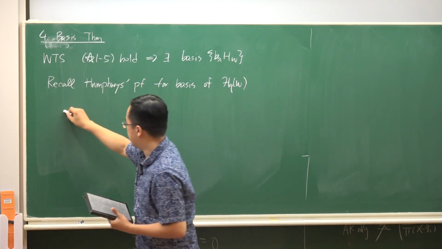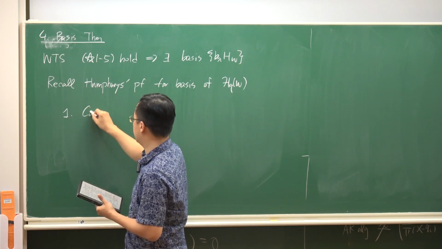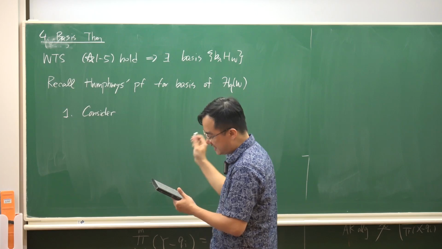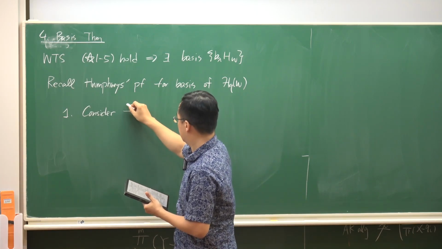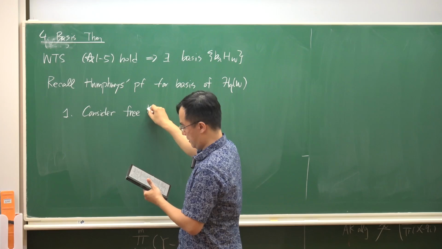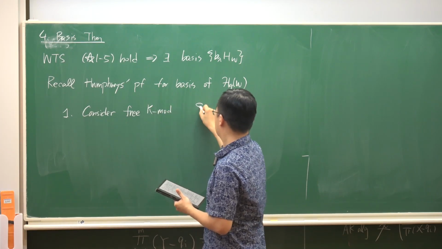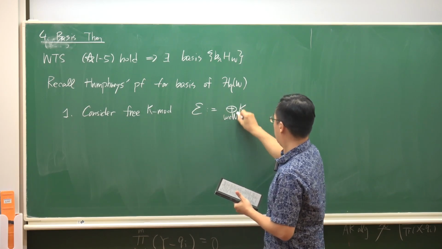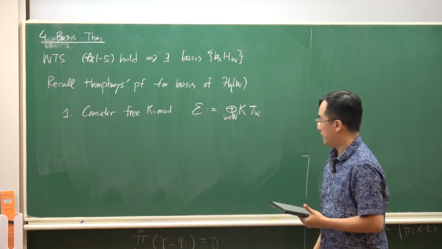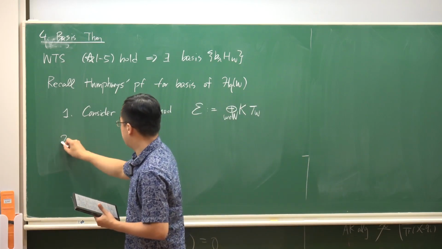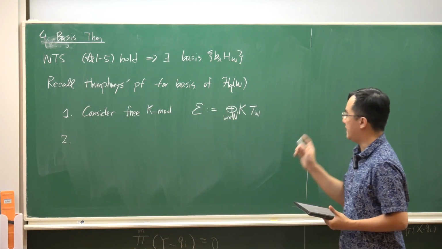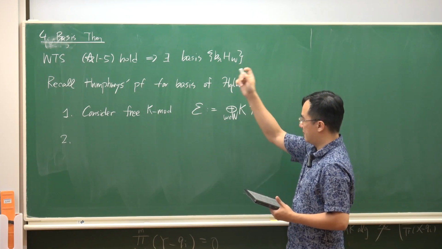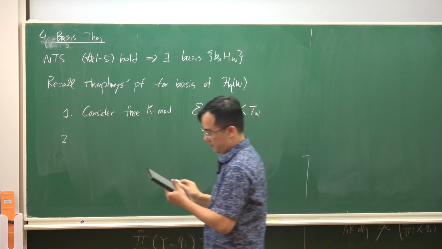So what he did first is to consider something that already has the desired basis. So this is a free K-module. And then he wants to show that there is an H-module isomorphism between this and the algebra.